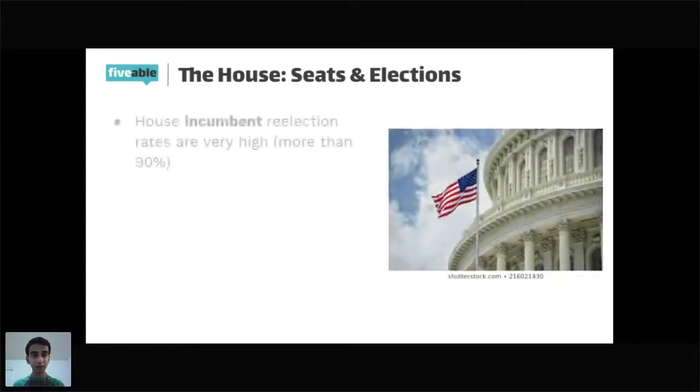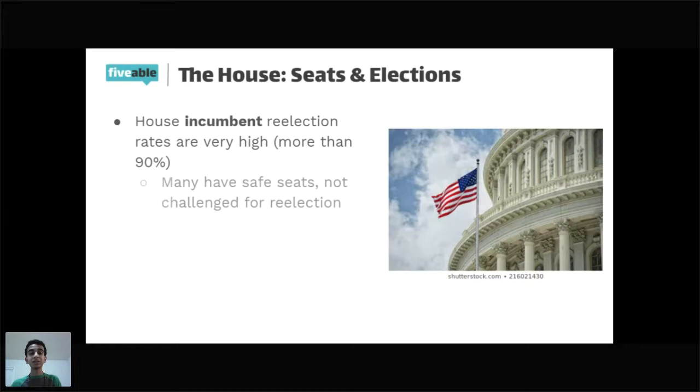So, more about the House. The incumbent re-election rates are very high in the House, more than 90%. There's something called an incumbent advantage. A lot of times incumbents get a lot more media attention, and media is the only way that they can really communicate with their constituents. Because incumbents get such media attention and a lot more funding from the parties, that's the main reason why there's such a high reelection rate.